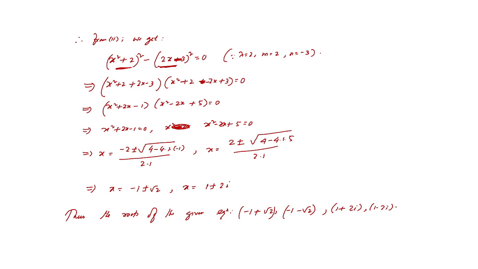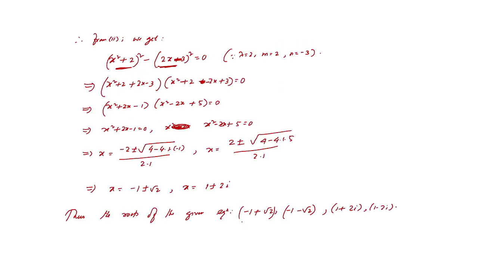Now the question is, if you are given this type of question as an MCQ, for example: the number of real roots of the equation x to the power 4 plus 12x minus 5 equals 0 is option A 0, option B 2, option C 3 and option D 4.